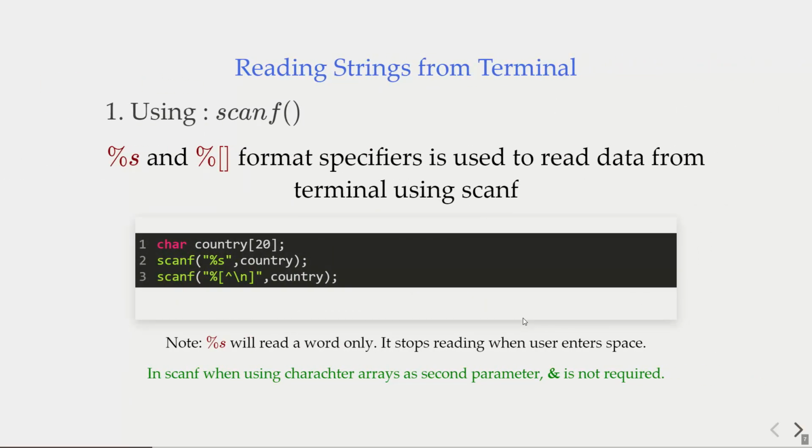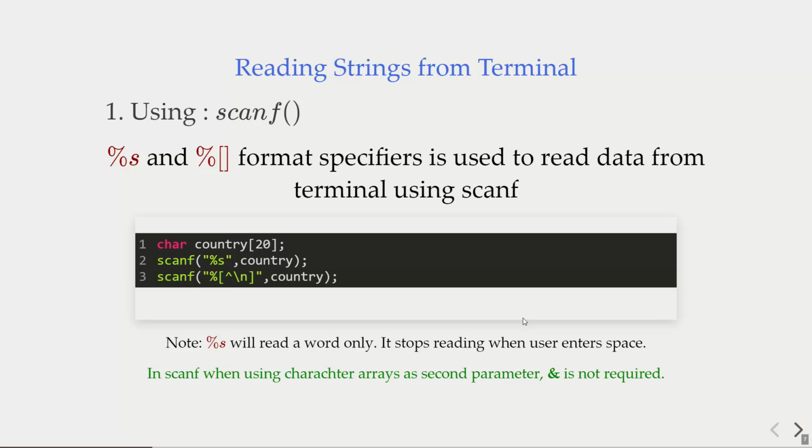Okay, then we have seen how to read a string from the terminal with the help of %s and brackets, and %s has a limitation that it can read only a word.